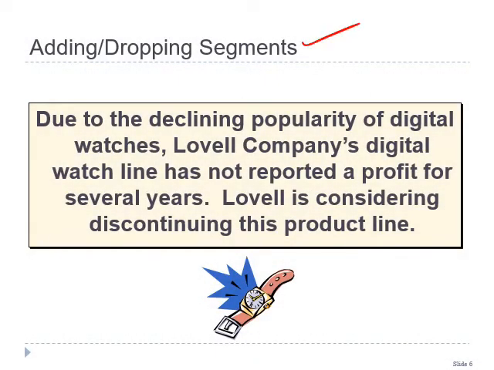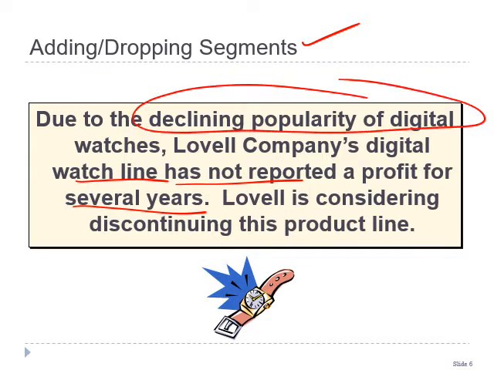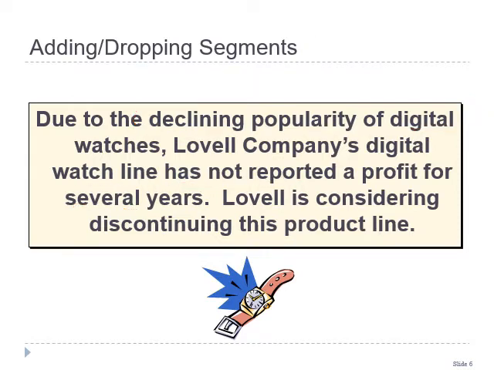So let's discuss this. Assume that Lowell Company's digital watch line has not been reporting a profit for several years, and one of the reasons is the decline in the popularity of digital watches. So Lowell is considering discontinuing this product line.